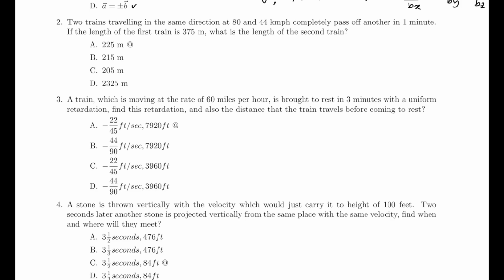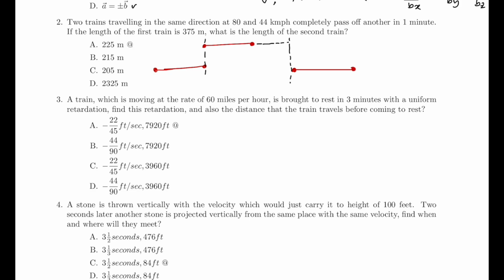So let's draw the situation first. So this is the train which is moving at 44 kmph, and this is the train that is moving at 80 kmph. So after 1 second it will move some distance, say this distance, and to completely pass each other, the train which is moving at 80 kmph must be here, right?